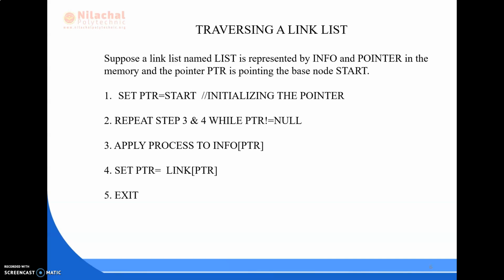First, set ptr equal to start. That is, we will first initialize the pointer with the header, an address that will point to the first node of the list. So here the pointer is first assigned as start. That means initializing the pointer. And this is repeated.